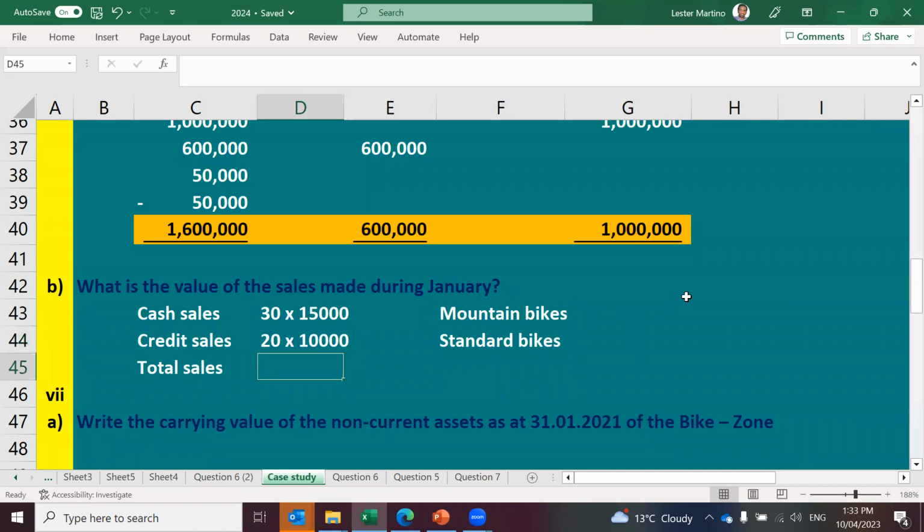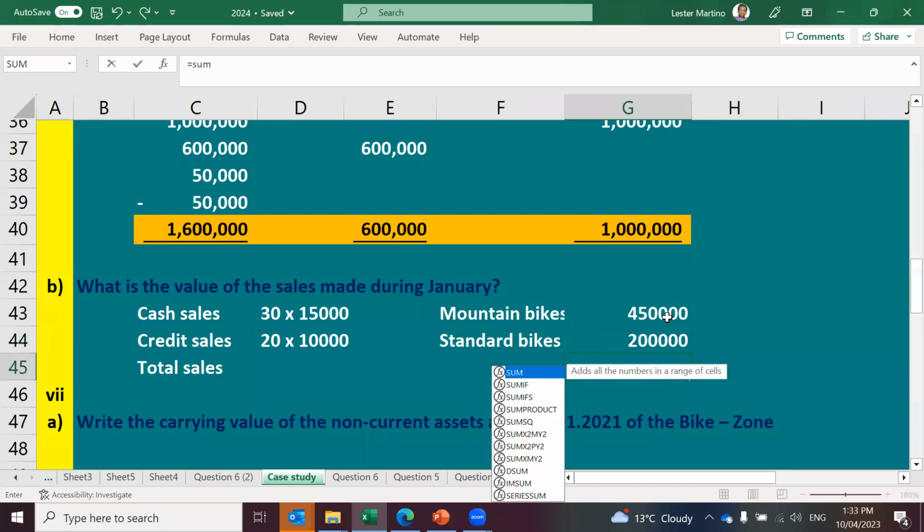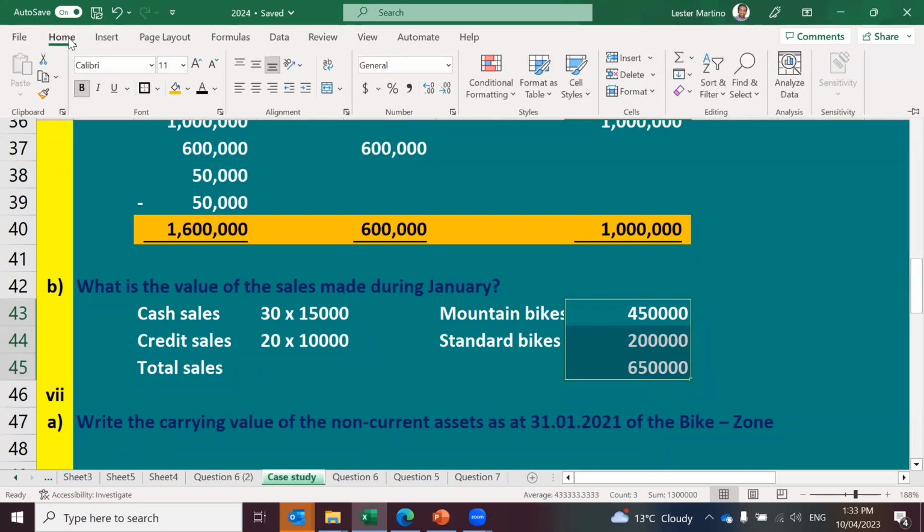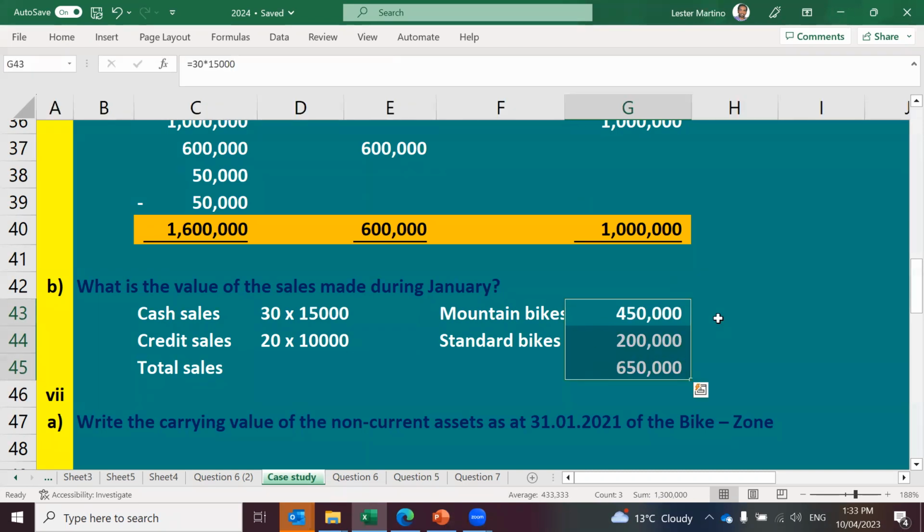Is it clear? So total sales value is 650,000. Is it clear, everyone? So this is the answer.